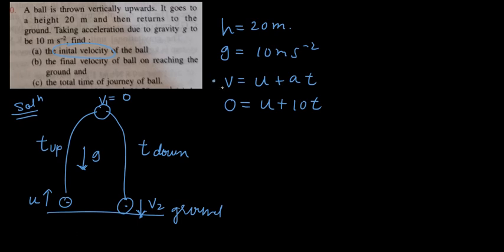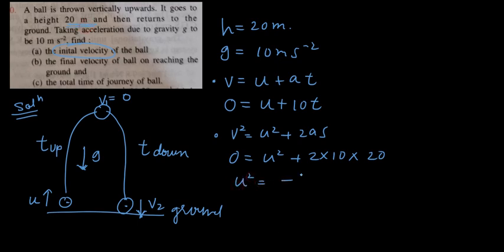So we can use an alternate formula which does not use t. That is v squared is equal to u squared plus 2as. So here we have 0, this is u squared, this is 2 into 10 into 20. As you can see, this is 20. So I get u squared as minus 400.